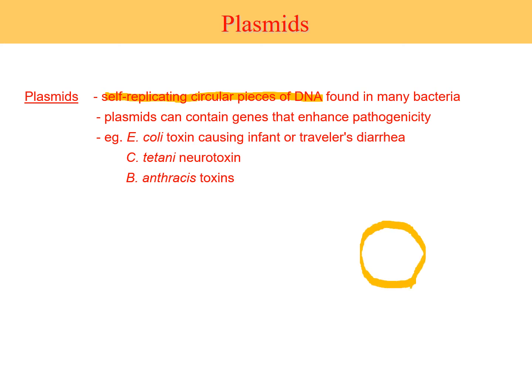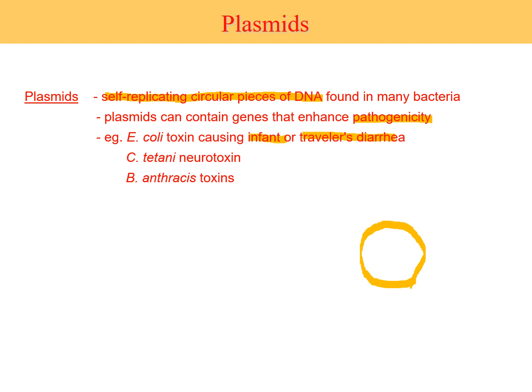They can contain a small number of genes, and sometimes those genes increase pathogenicity of organisms. For example, E. coli infections: there are many subvariant types of Escherichia coli, and some have toxins that cause what's called traveler's diarrhea or infant diarrhea.